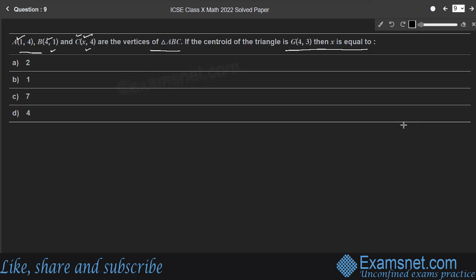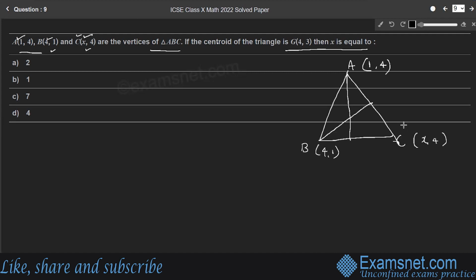So let us consider a triangle ABC. Coordinates of A are 1 and 4. Coordinates of B are 4 and 1. Of C are x and 4. And here is a centroid. So centroid means a point where all the medians meet, right?